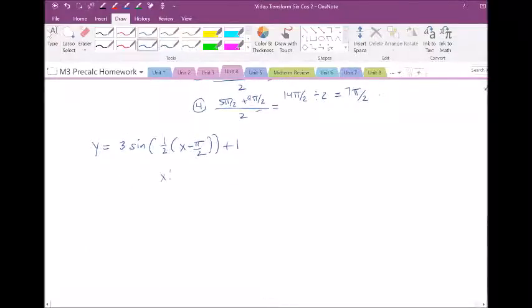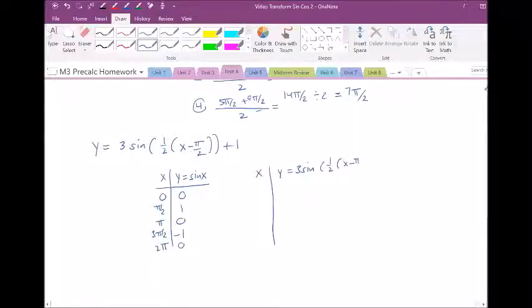In the table method, I'll start by just making a table for y equals sine of x, using my axis angles, and then to apply my changes, to change the x's in the parentheses, that's telling me to first multiply by 2 and then add pi over 2.